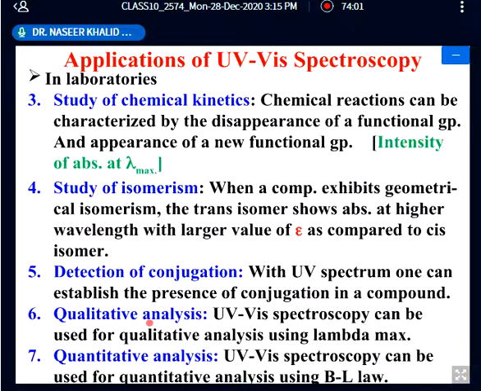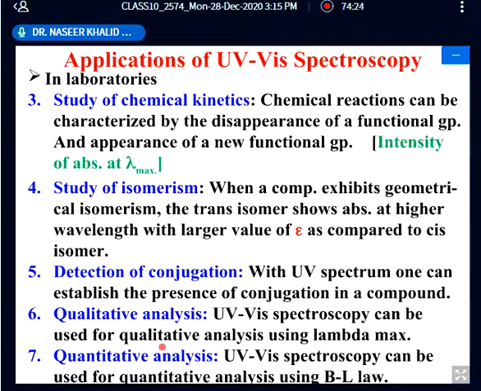We can use it for qualitative analysis. UV visible can be used for qualitative analysis using the lambda max, the wavelength where absorbance is maximum, because every compound, every species has its own lambda max. Copper, nickel, cobalt, manganese: all these elements have their own lambda max.